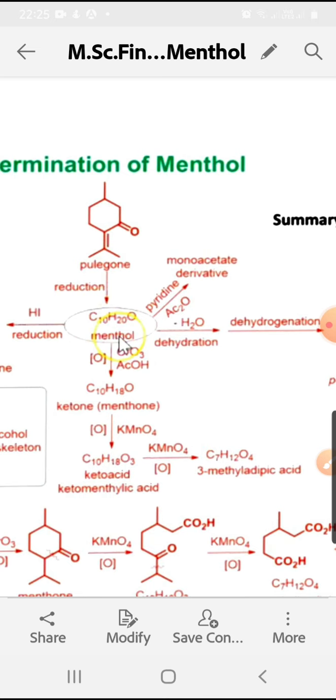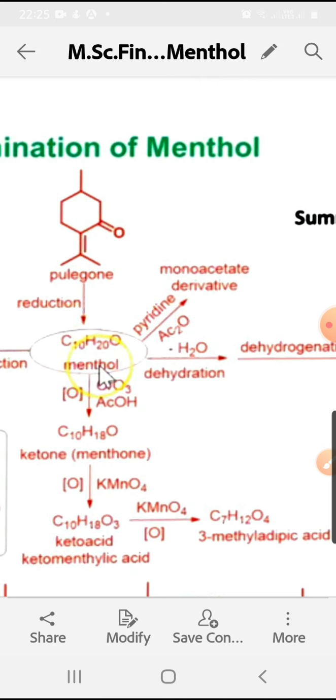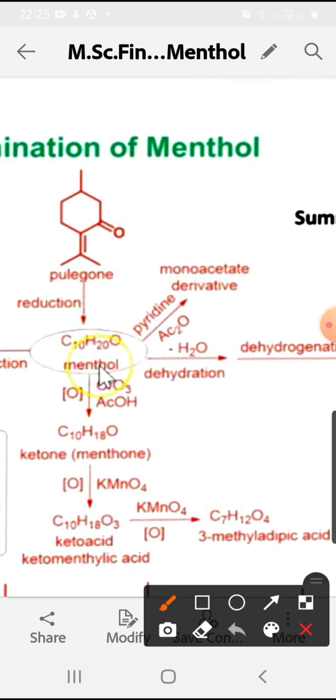Then the nature of oxygen was proved to be alcohol by its monoacetate derivative reaction. Then by chromic acid oxidation, its nature as a secondary alcohol was found.